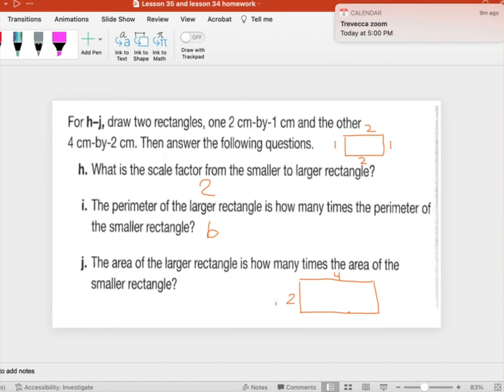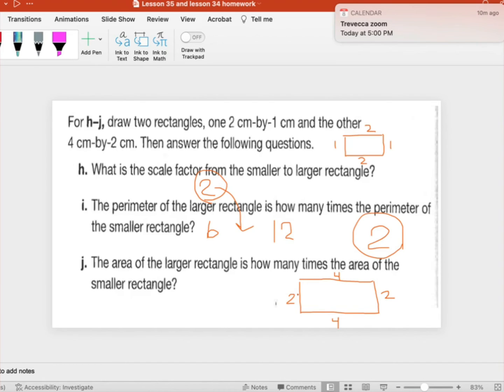The perimeter of the larger: 4 plus 2 is 6, another 4 plus 2 is 6, and that's 12. And isn't times 2 the scale factor? 6 times 2 is 12. So it says how many times the perimeter of the smaller one? The answer is 2. Perimeter goes up by a factor of the scale factor.